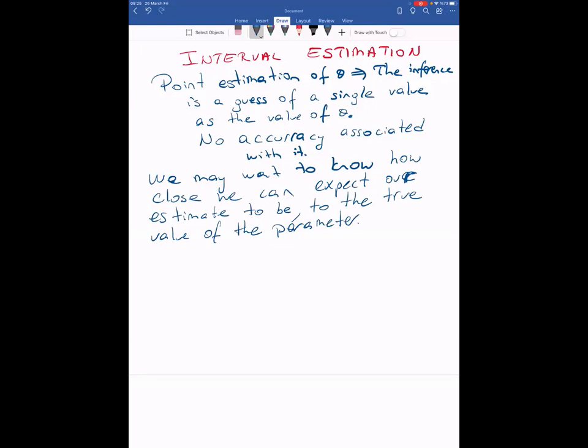So we need to discuss interval estimation to be able to understand this case.